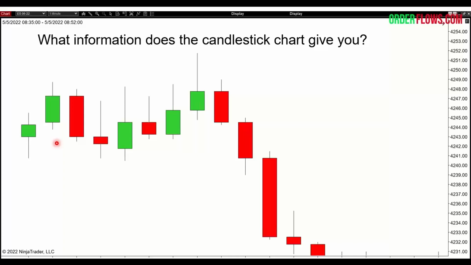And if you're looking at the candlesticks, again, what information is the chart really giving you? It's telling you where the bar opened and closed, the high and the low, but it's not giving you much more information. You don't know if prices were accepted up here or rejected. You just see the market starting to trade down, and then you just, okay, well, yeah, I got two red bars, maybe I should go with it.